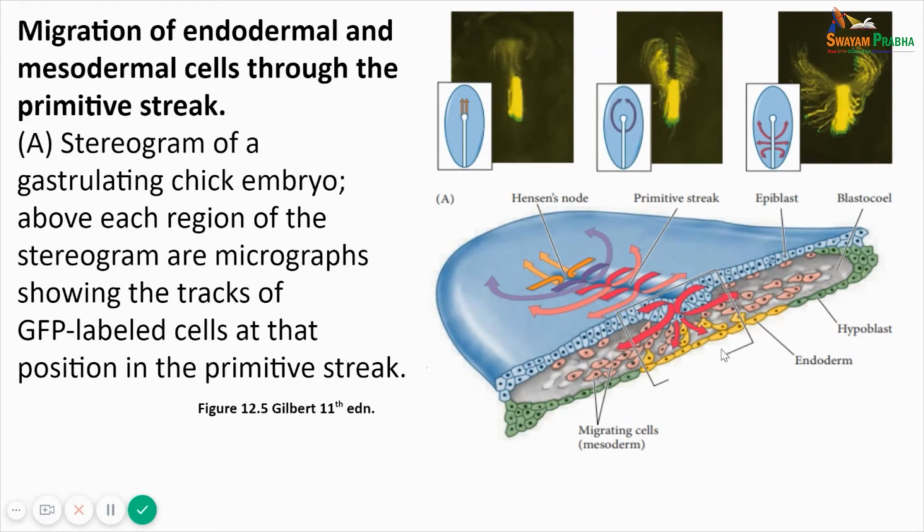Farther posterior cells will migrate through the primitive streak to make the extraembryonic mesoderm. In the fate map, we saw that extraembryonic mesoderm is present at the posterior most region of the epiblast. So that is not shown here.